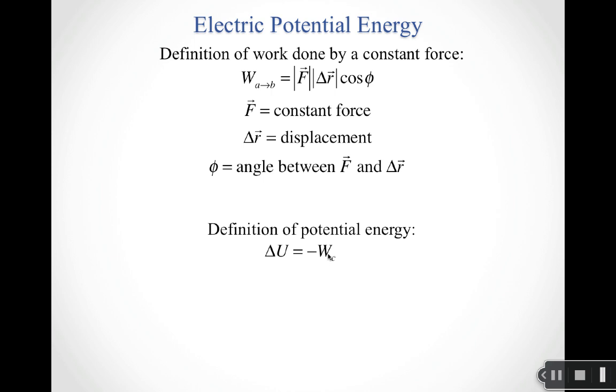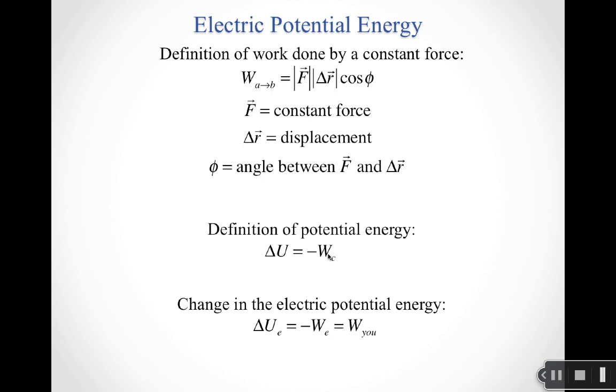Those very special forces are known as conservative forces. The conservative forces that we dealt with in 221 were the gravitational force and the spring force. They gave us the gravitational potential energy and the elastic potential energy. And all we're doing is adding a new conservative force here. The electric force is also conservative, so we're going to have an electrical potential energy.